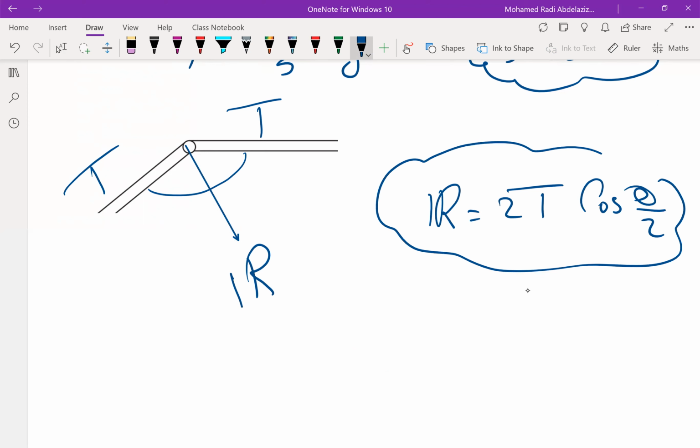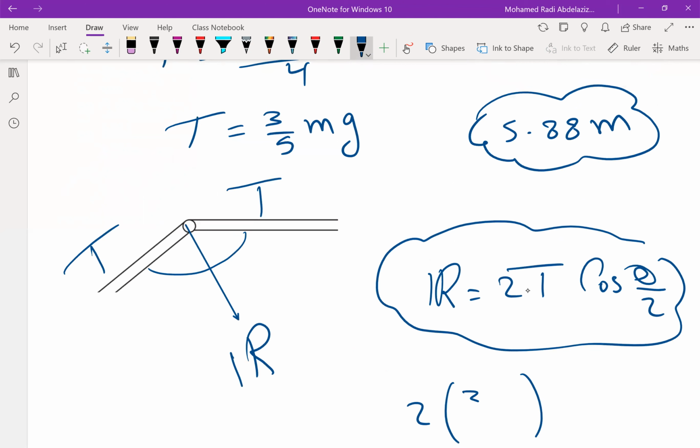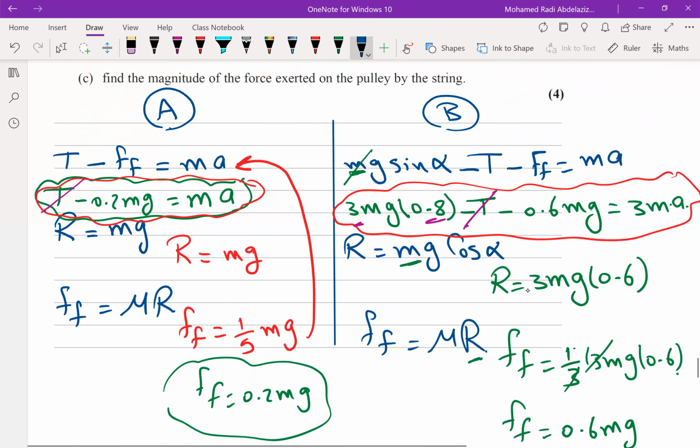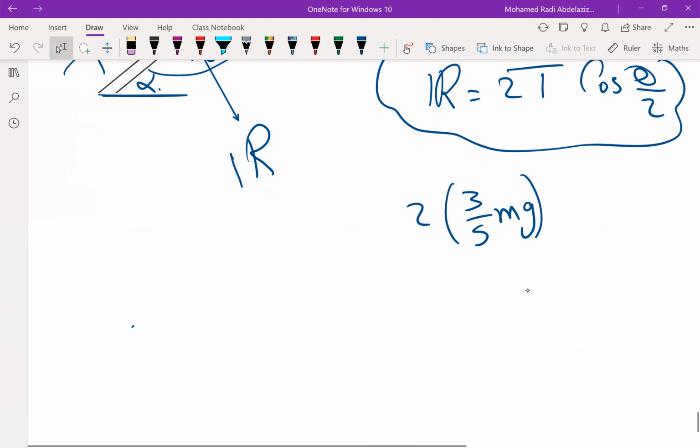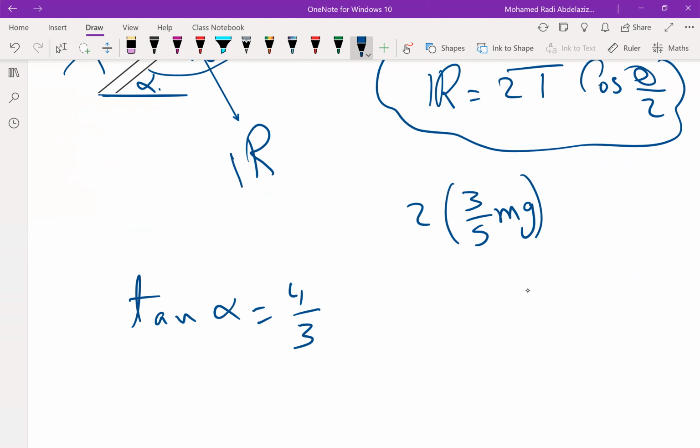Use this form. So 2 and the T we found, which is 3/5 mg. Cosine of the angle in between. It's given here, the angle alpha, we already have it, but this angle will be 180 minus alpha. It's given tan alpha is equal to 4/3. You can find the angle from tan alpha equals 4/3.